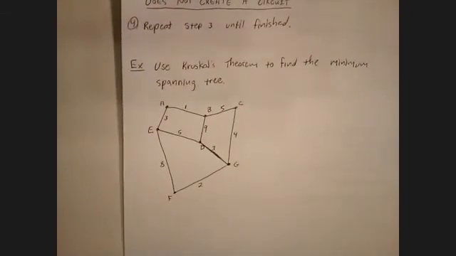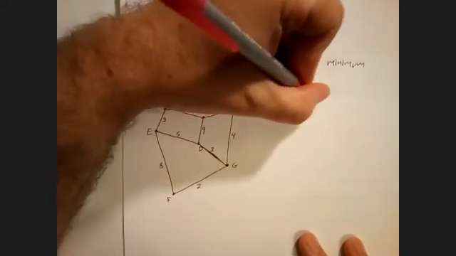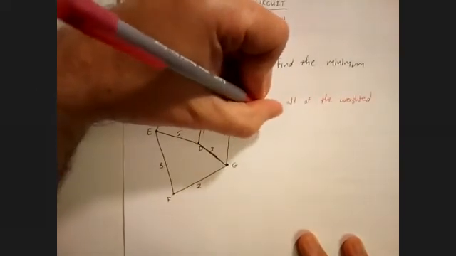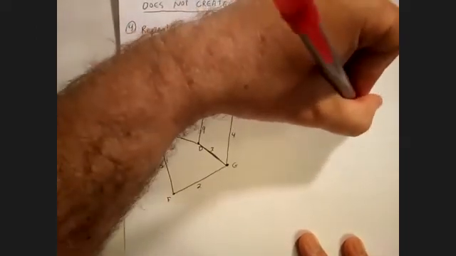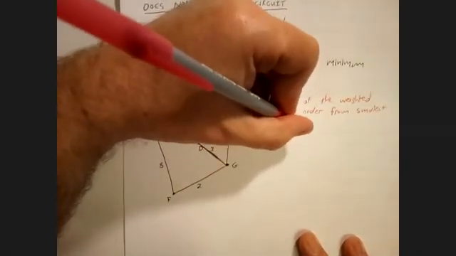The way I'm going to do this is I'm first going to list all of the weighted edges in order from smallest to largest.